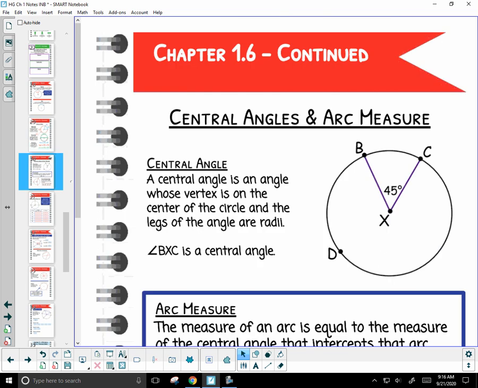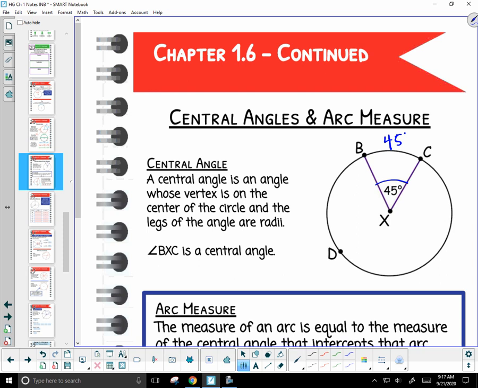The next thing here, we have central angles and angle measure. A central angle is an angle whose vertex is on the center of the circle. Central, center, the vertex is on the center of the circle. Right here, BXC is called a central angle. The measure of that angle is also the measure of the arc.